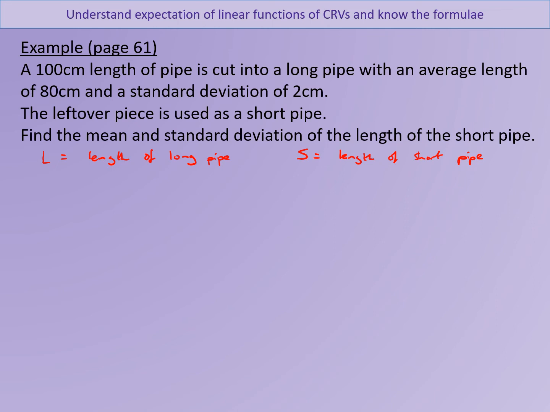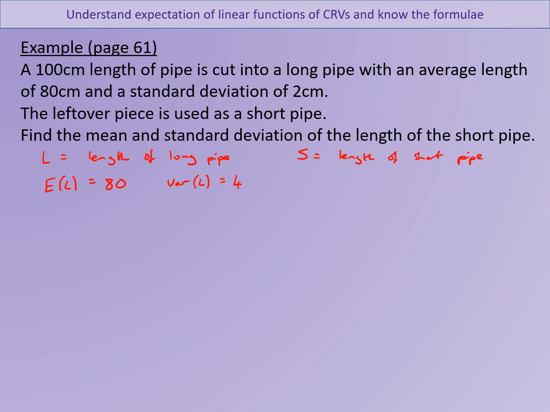So we already know that the expected value of L is 80 centimetres. We also know the variance of L is 2 squared, so 4.